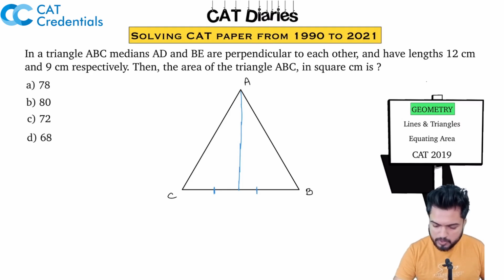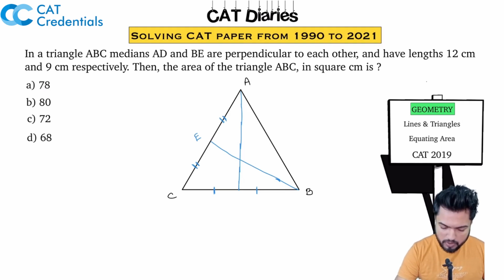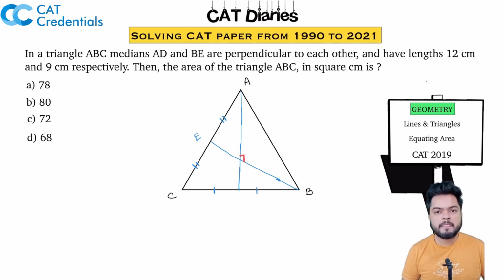And then this is your BE, which is again a median, which means it is dividing the opposite side into two equal parts. Okay, but the important thing to notice here is they both are intersecting at an angle of 90 degrees. So this angle here is equal to 90 degrees. Okay, this becomes an important hint for me. So how do I equate area to find out area now?